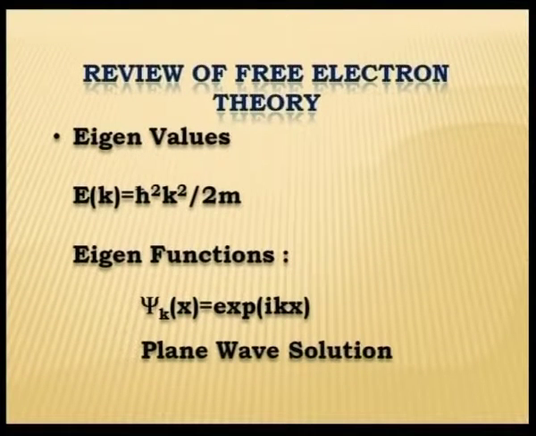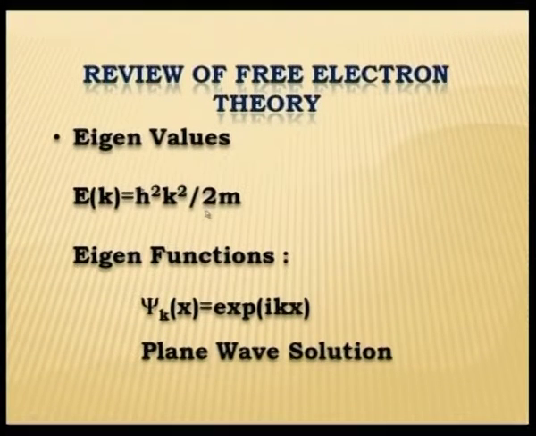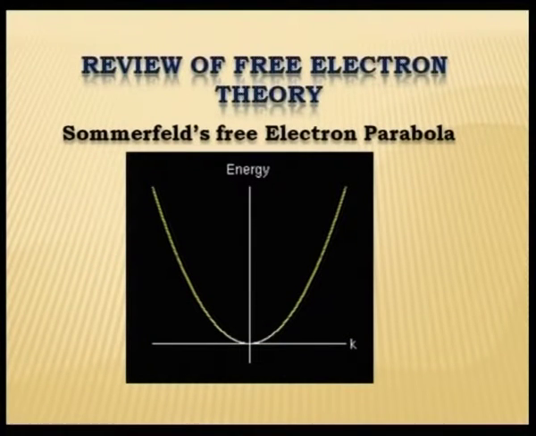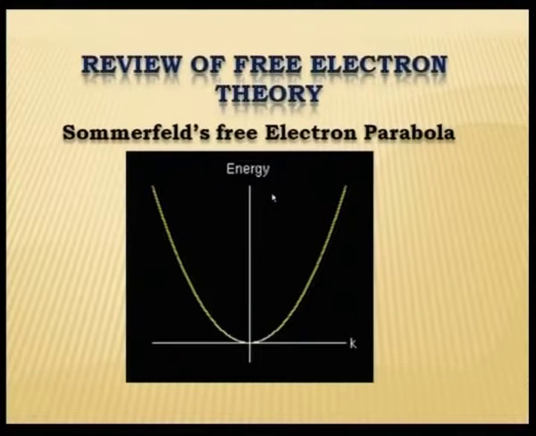But anyway, before we pass on to the reciprocal space, what is the shape of the graph? You have got E_k as a function of k here. E_k is equal to h bar square k square by 2m. It will give rise to a parabola. It is the well known, famous Sommerfeld's free electron parabola. What do you understand by this?